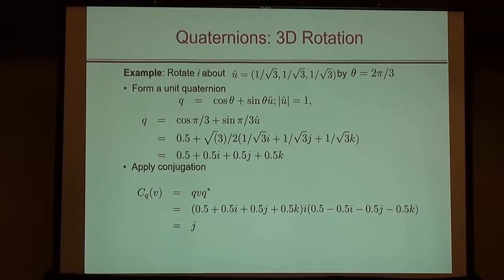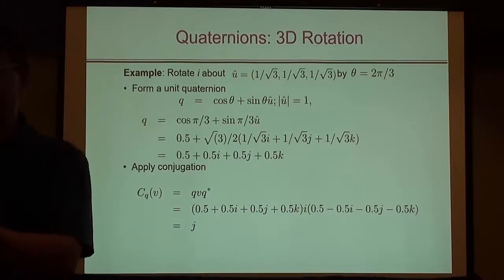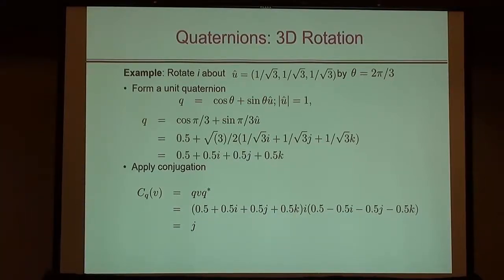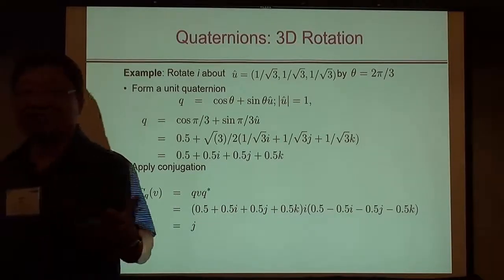If you just look at this, you have a vector, this is I, and this is J, rotated by 90 degrees. But the rotation axis is not perpendicular to this plane. It makes an angle. So it's possible that this quaternion rotation is not 90 degrees, but the actual rotation in this plane is 90 degrees because it's a 3D rotation. That makes it hard to visualize.